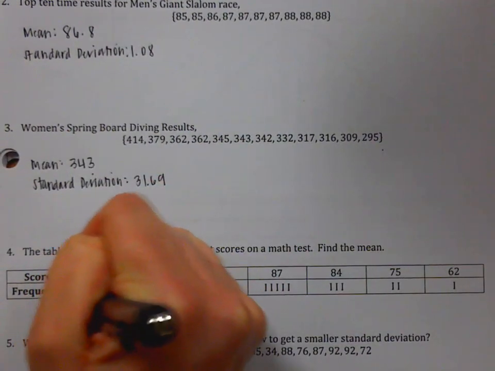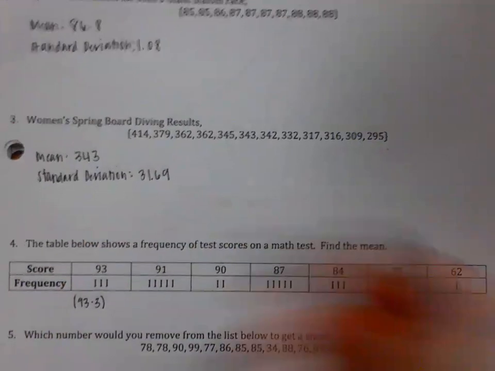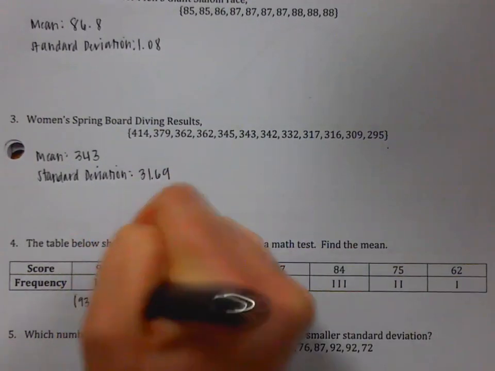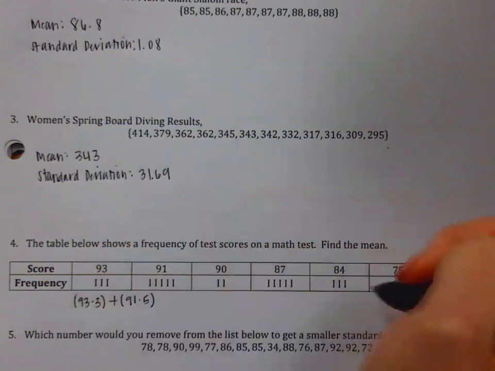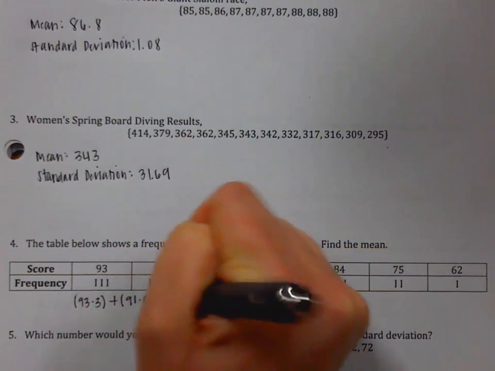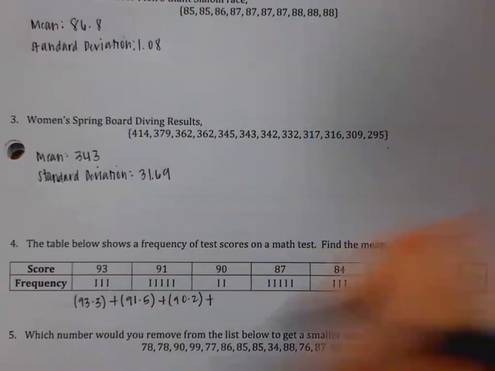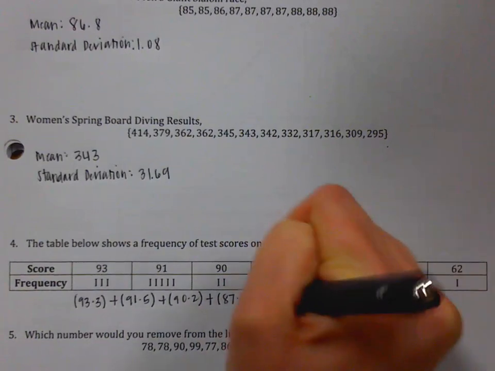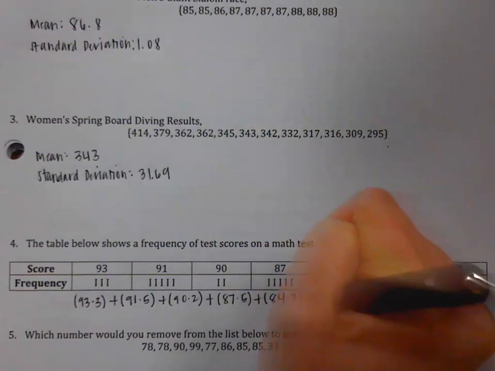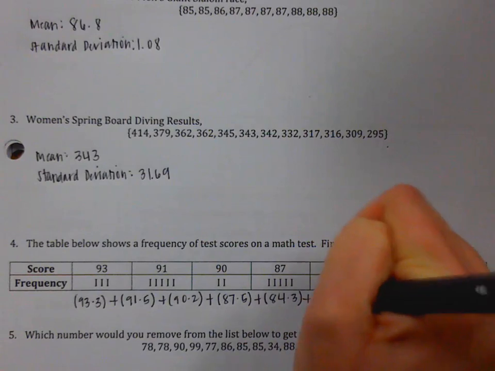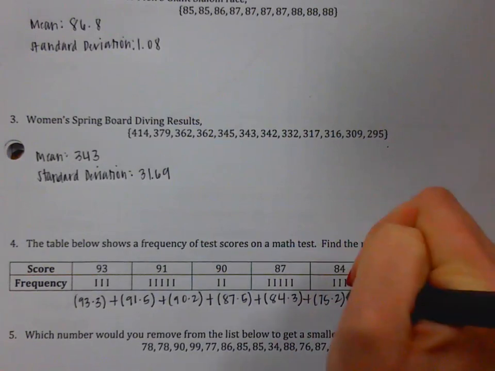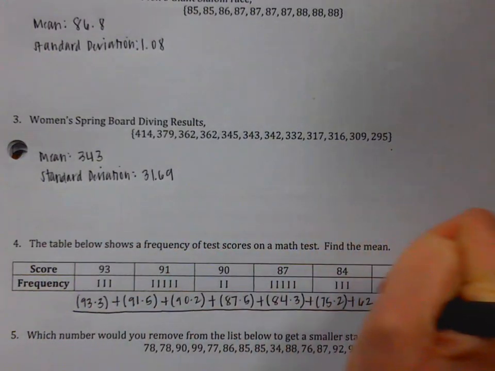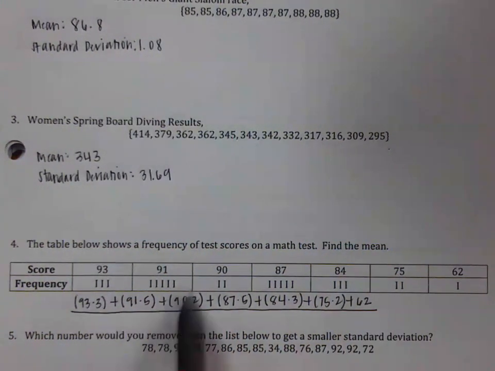If I were doing this by myself, I would have done 93 times 3 because it appears 3 times, plus 91 times 5, plus 90 times 2, plus 87 times 5, plus 84 times 3, plus 75 times 2, and then plus 62, all divided by, and so I need to add up how many of these showed up.